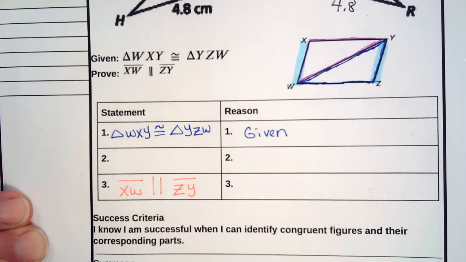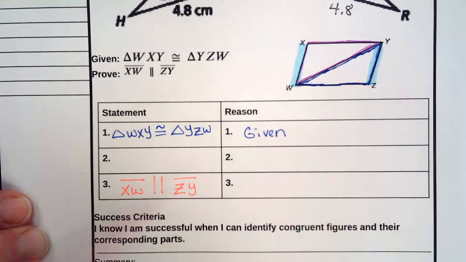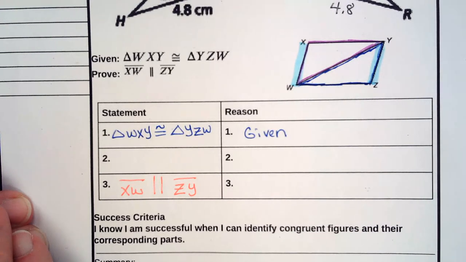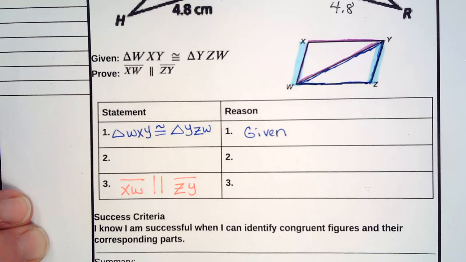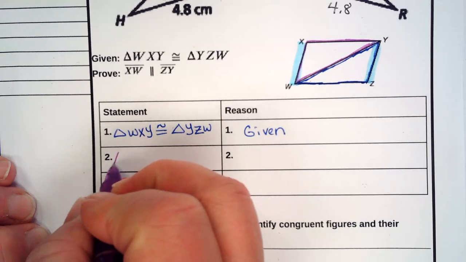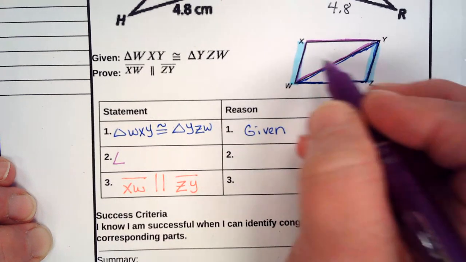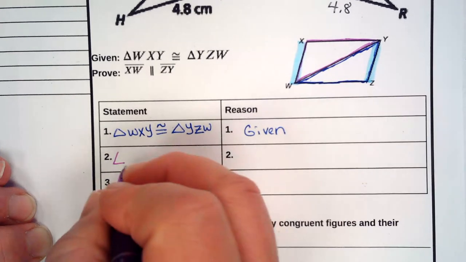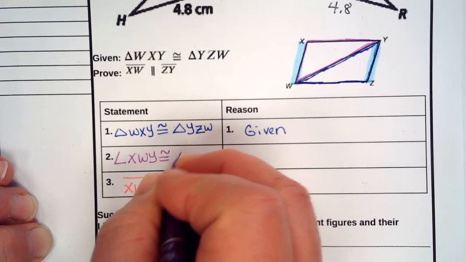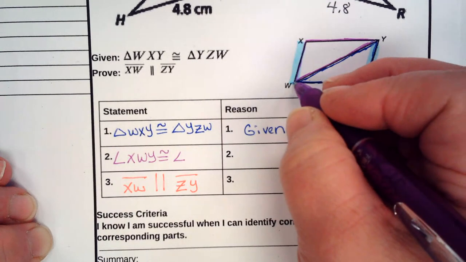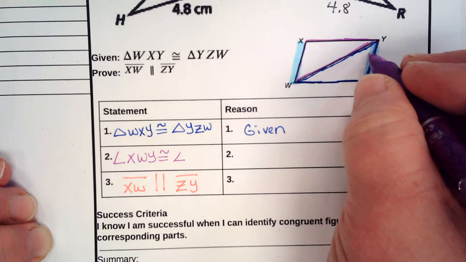No, all the angles other than your corners are inside of the two lines. So, if they're interior angles, which angles are congruent? Alternate interior angles. So I can state that angle, this is my alternate interior, XWY, is congruent to angle WYZ, which will be this one here.